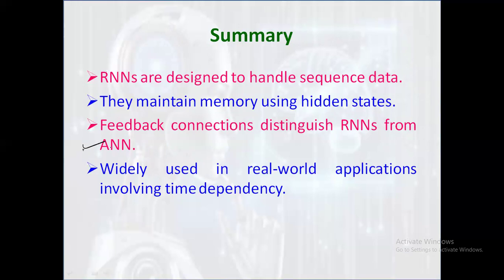It maintains memory using hidden states. Memory is the key feature of RNNs, and the feedback connections make the RNN unique. This distinguishes it from the traditional network, and it is useful in real-world time-dependent problems.